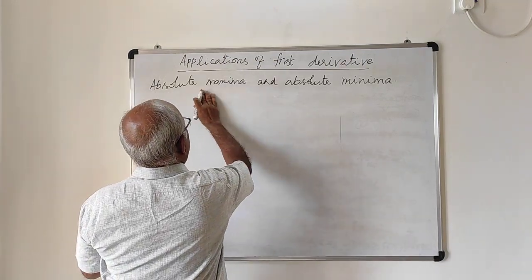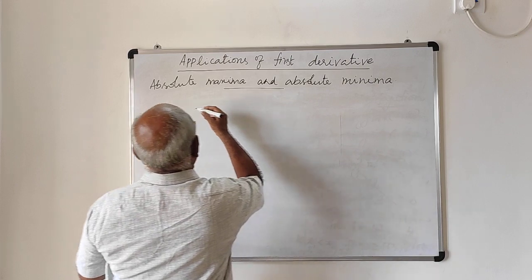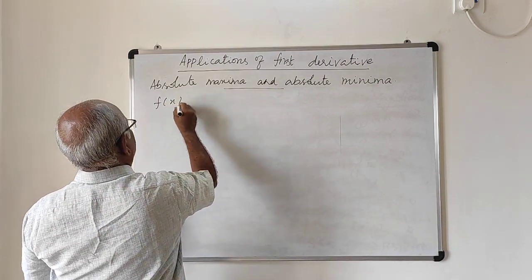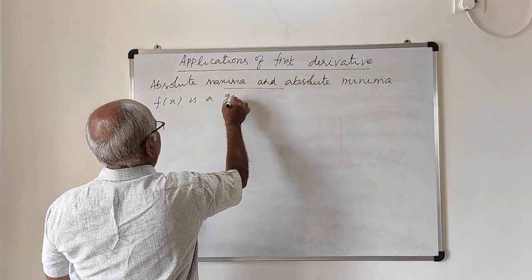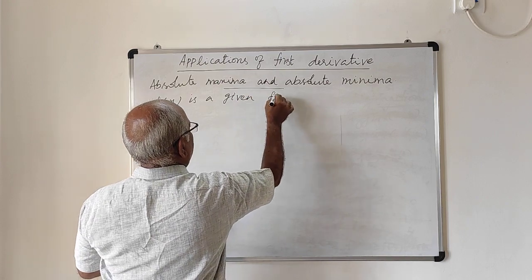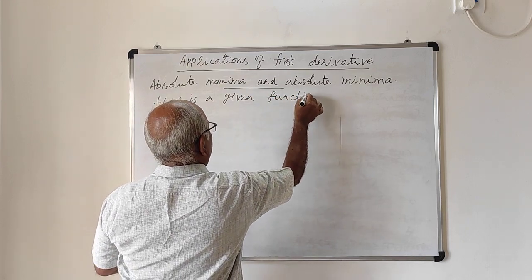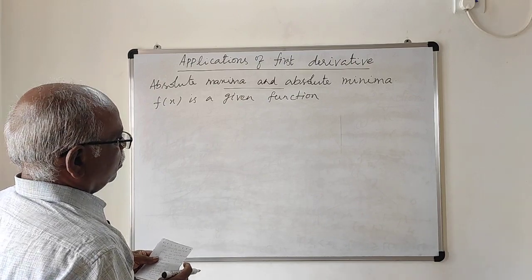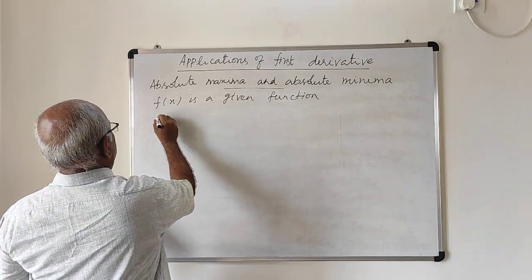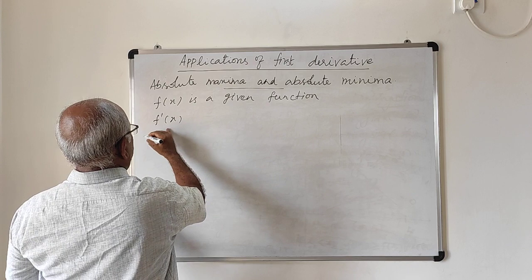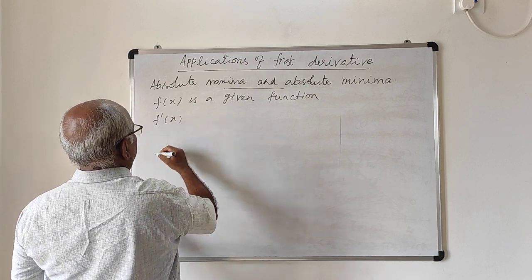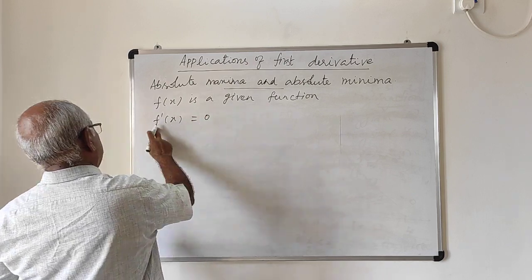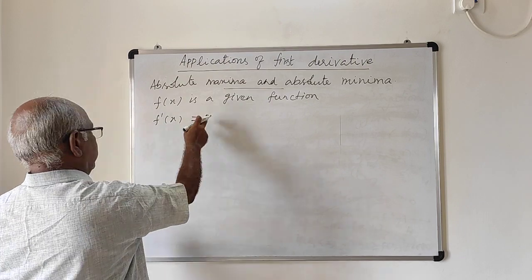See, how to find out absolute maximum and absolute minimum. f of x is a given function. You find out the first derivative, f dash of x, and you have to equate it to 0. First step, find f dash of x and equate it to 0.